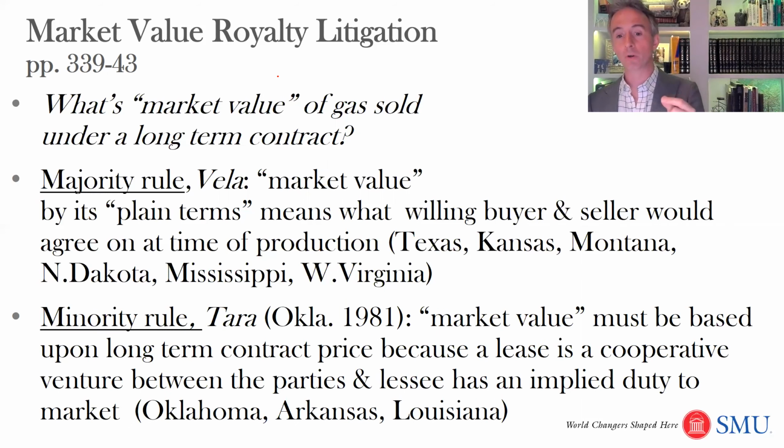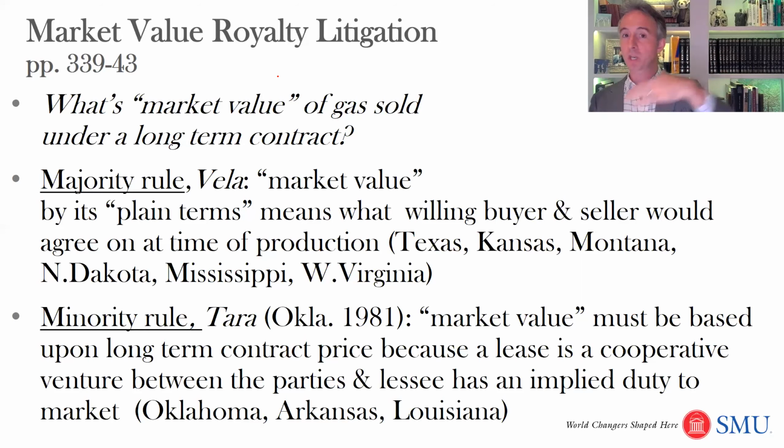The minority rule, the Terra rule, is from a somewhat more recent Oklahoma case, 1981. And that says, well, wait a second, market value doesn't mean instantaneous market value at the moment something was produced. If someone sells gas at a long-term contract at $8 an MCF, that means it's the market value.